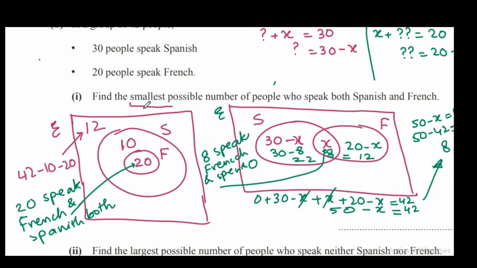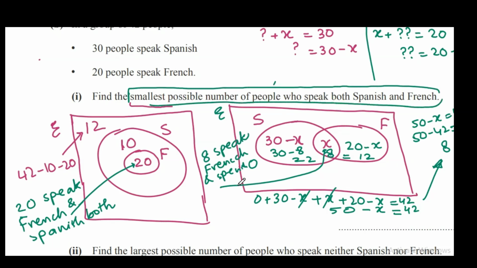And you are observing the smallest number of people who speak both Spanish and French. So by observing, 8 is the smallest number compared with 20. So 8 is the correct answer for this part 1.